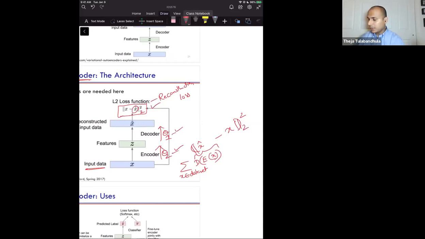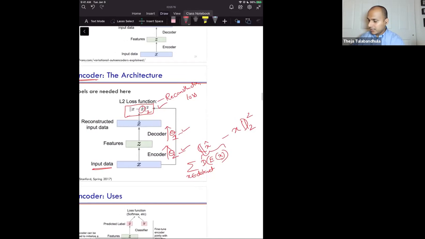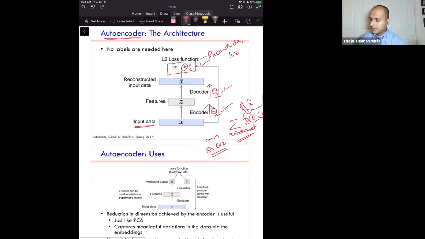Okay, so that's what you want to minimize over parameters theta1 and theta2. These are the parameters, and this is the loss function, summed over the data set as usual, and this X hat happens to be the decoder of the encoder of the input. Okay, any questions at this point?